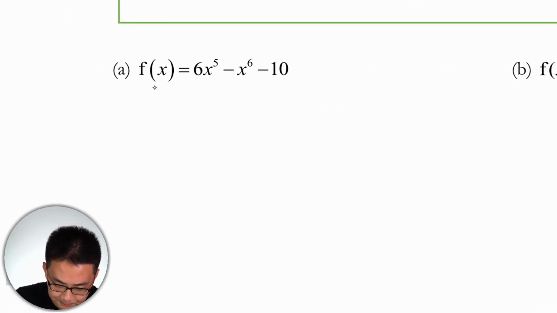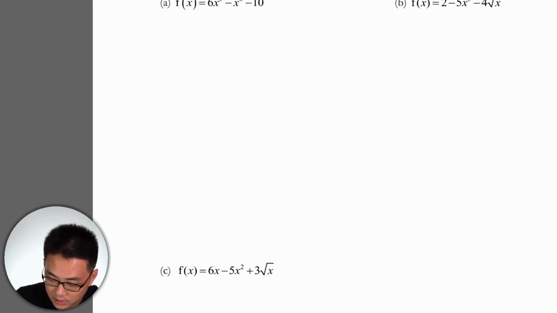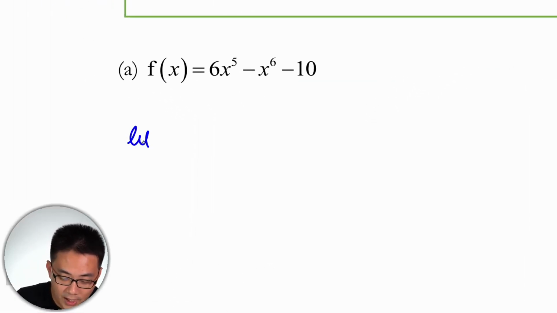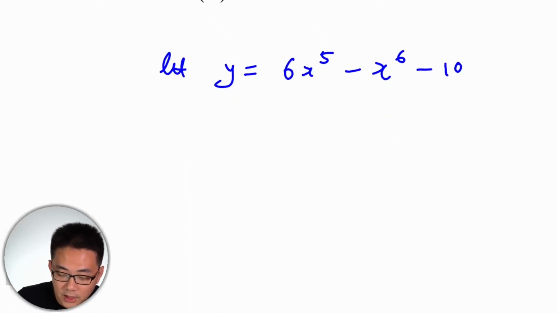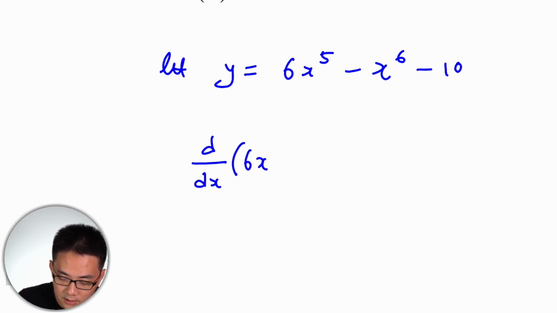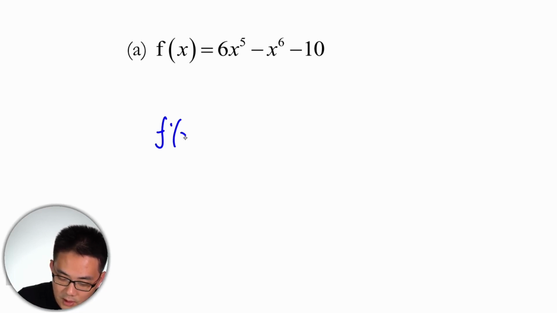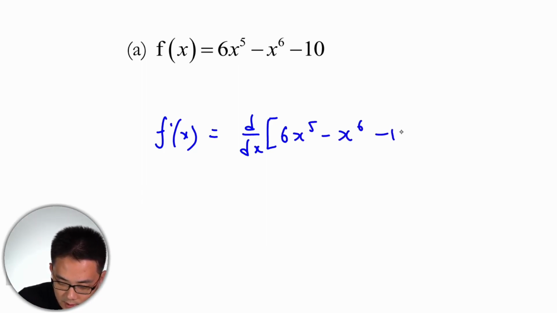Let's say these are all f(x). I'm just going to let y = 6x^5 - x^6 - 10. So if you find dy/dx, actually I shouldn't use this, I'll just use f'(x) = d/dx (6x^5 - x^6 - 10).